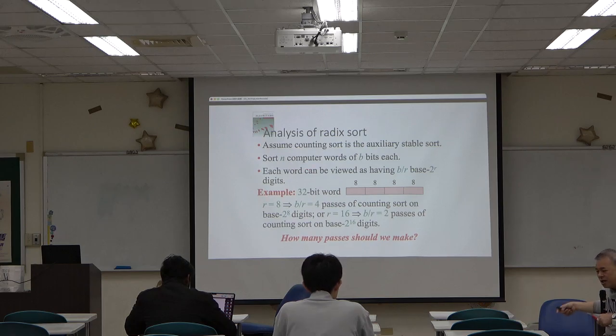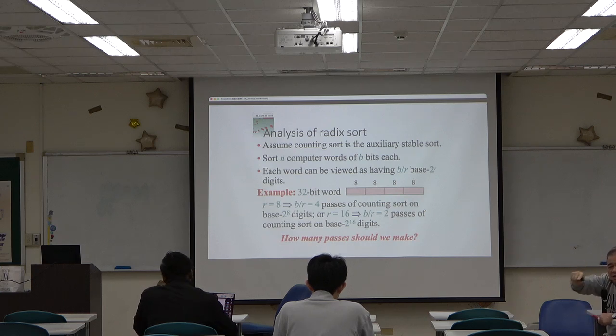So if each round, each iteration, we deal with 8 bits, that is, each stable sort processes 8 bits. But 8 bits is really not a lot of numbers. 8 bits is like how many? 256, right? So k is bounded by 256. So it is still considered a small number.